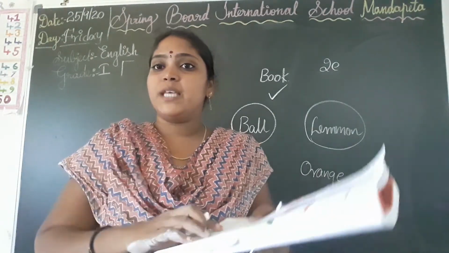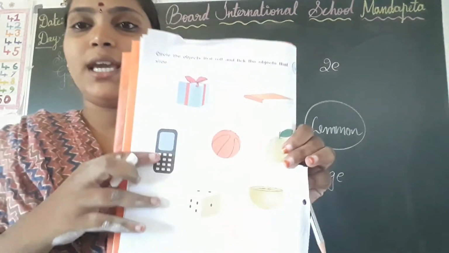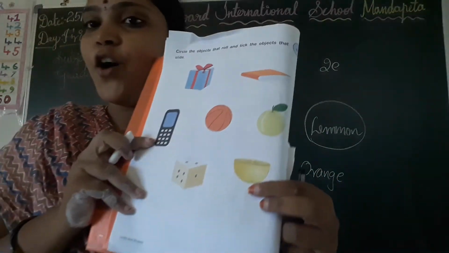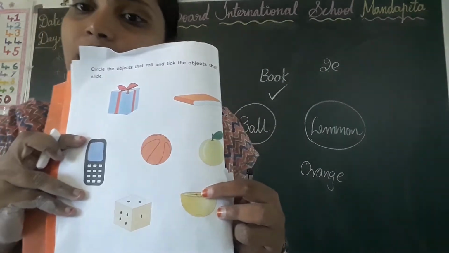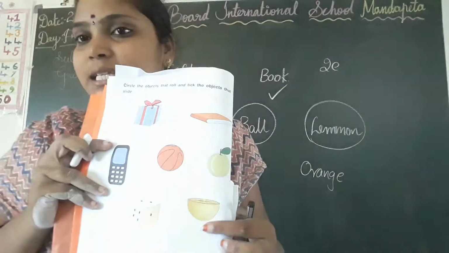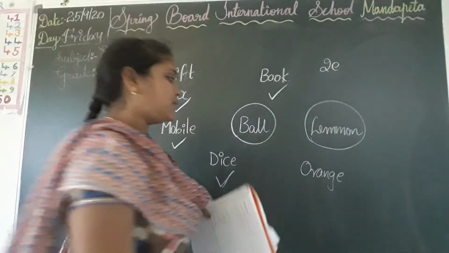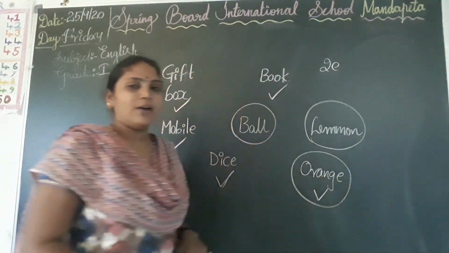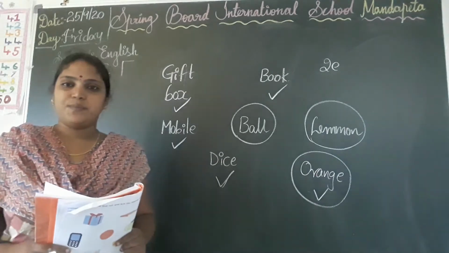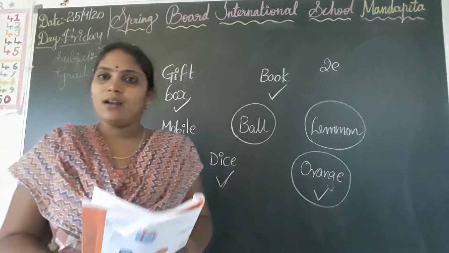It is a rolling object. But here you have to check, half of the orange is given. In the orange, this is the flat surface and this is the curved surface. So that means it rolls and slides also. So you have to tick and circle this object also. Okay children, are you clear?